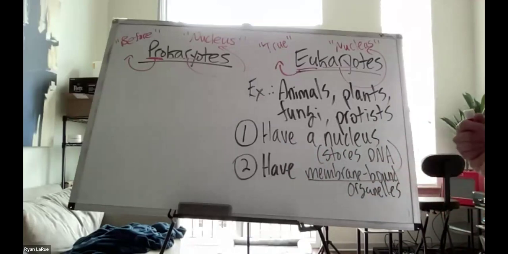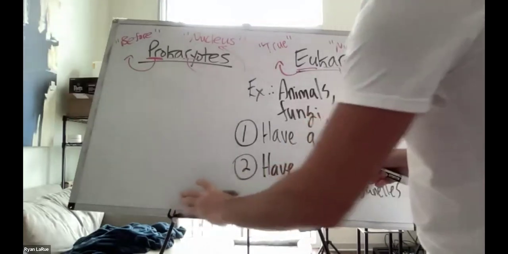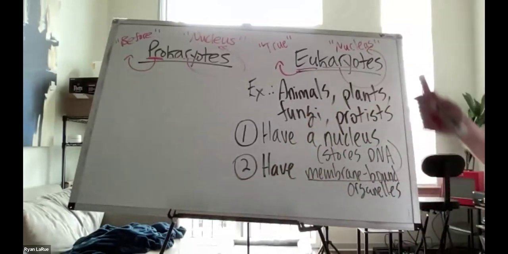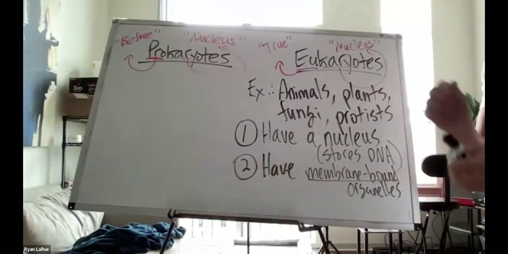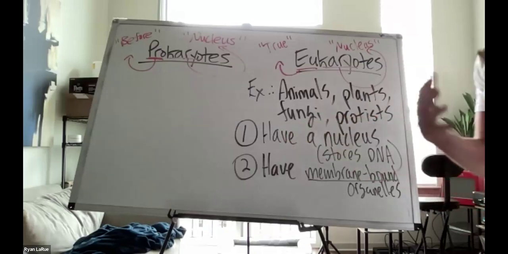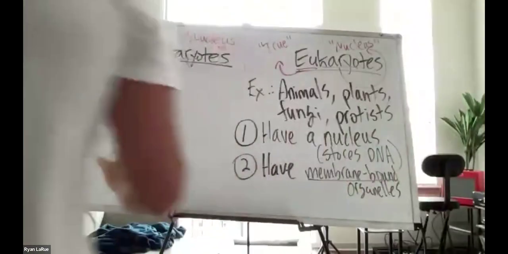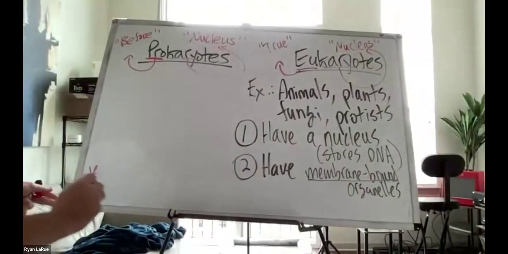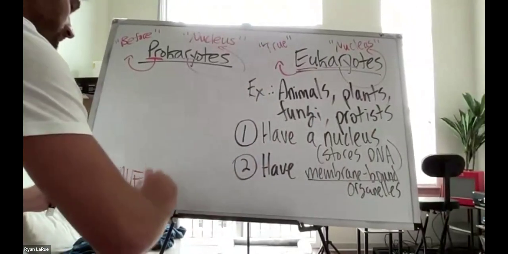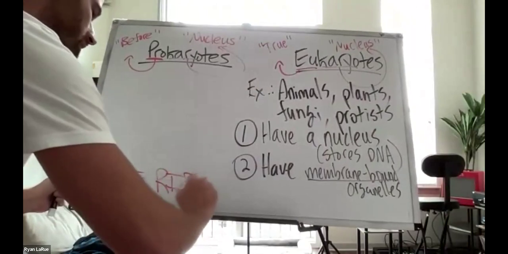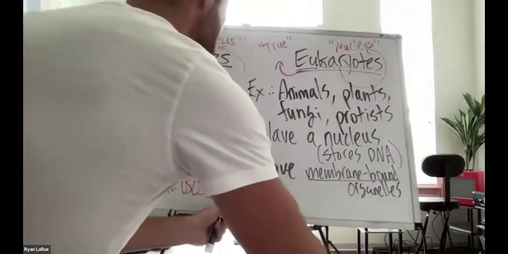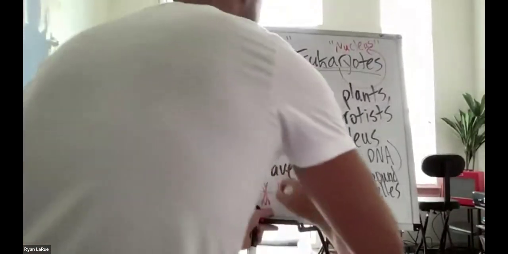So it's very important to know that every cell, prokaryotic or eukaryotic, has these structures, these organelles that are not surrounded by a membrane, which is the distinction there. And they're called ribosomes. So you can kind of write underneath that the prokaryotes have ribosomes. And the eukaryotes have ribosomes.